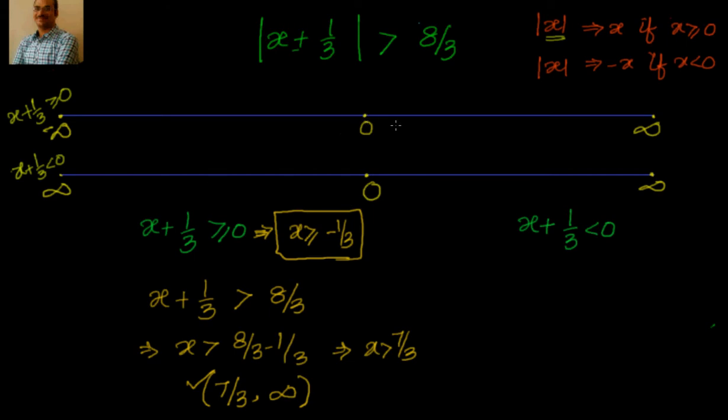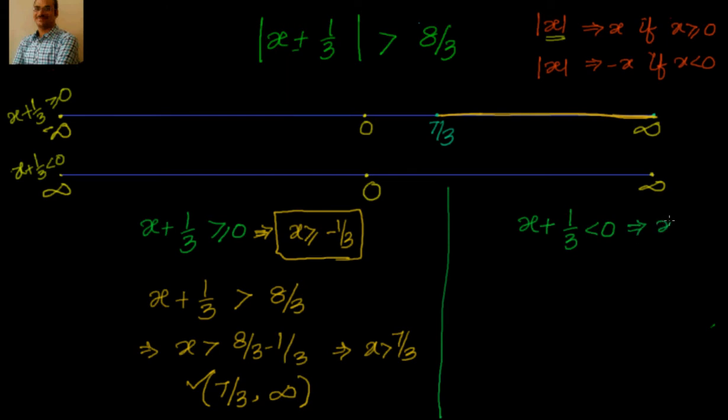So 7 by 3, that is somewhere here, this is the value and this is infinity. So 7 by 3 comma infinity is the solution I obtained if I have taken only x plus 1 by 3 greater than or equal to 0.